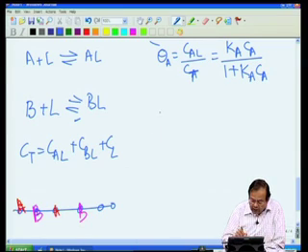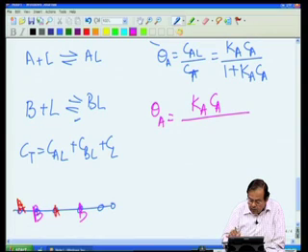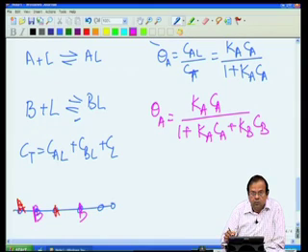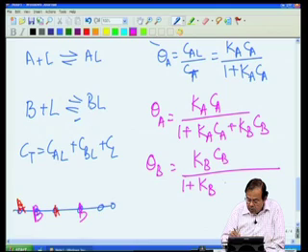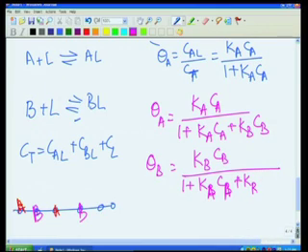If you do all that, we will get for the second case theta A equal to Ka Ca by 1 plus Ka Ca plus Kb Cb, and similarly theta B will be Kb Cb divided by 1 plus Ka Ca plus Kb Cb.